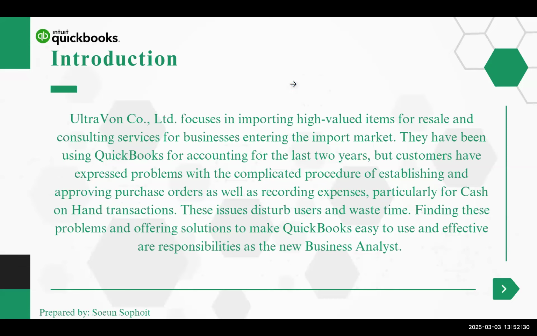Ultravon Company Ltd focuses on importing high-value items for resale and consulting service for business entering the import market. They have been using QuickBooks for accounting for the last 3 years, but customers have expressed problems with the complicated procedures of establishing and improving purchase orders as well as recording expense, particularly for cash on hand transactions.